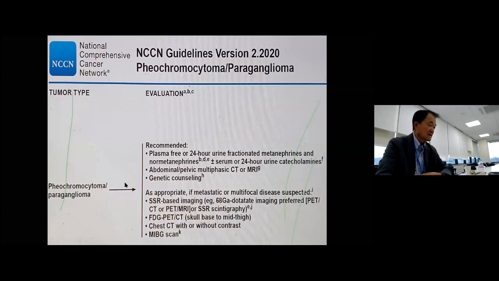And then certain urine metanephrine, normetanephrine measured, but basically most often 24-hour urine catecholamine. And then you have abdominal CT, MR, and certain genetic studies.